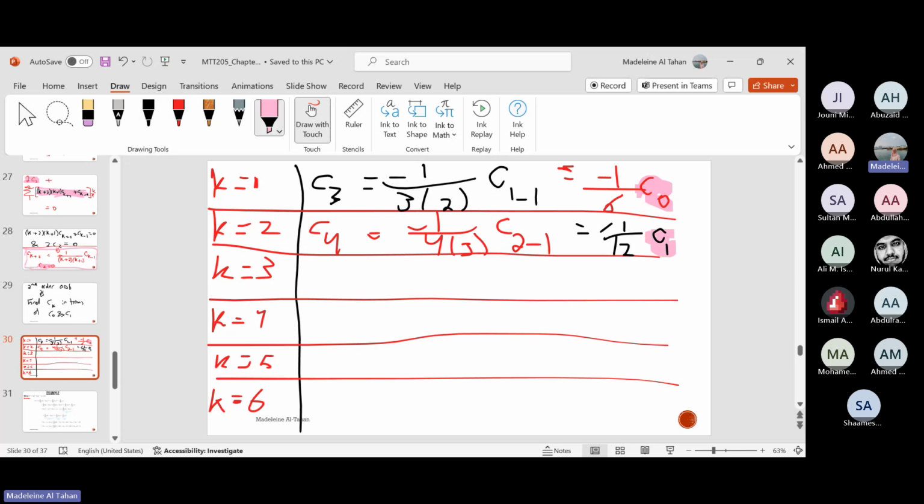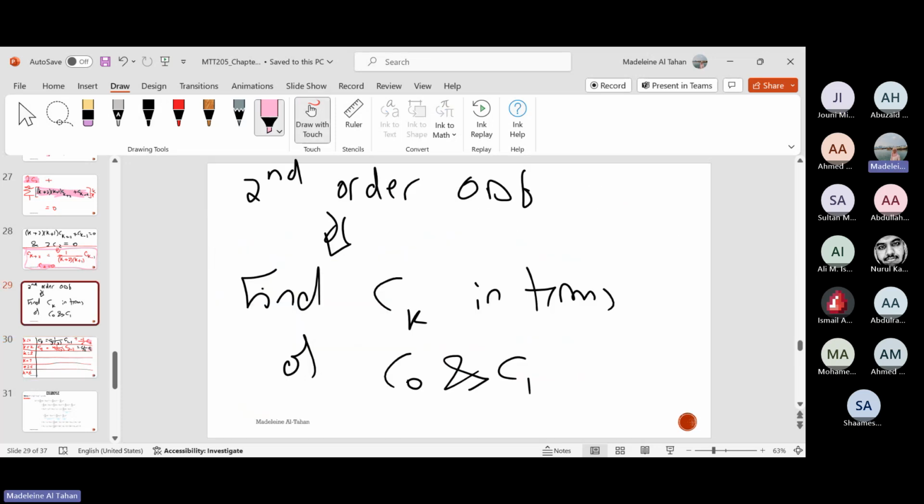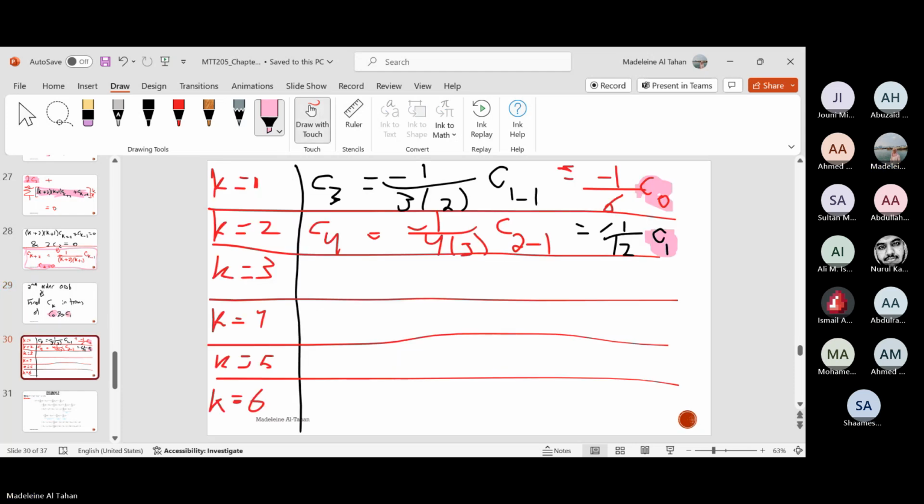What did we say? We want to find everything in terms of c0 and c1. Please go back to your recurrence relation and check our substitution. I will give you time to find k equal 3 and k equal 4.